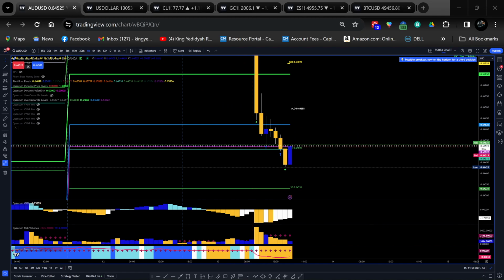So let me point that out. Light blue, Camarilla S5, and the purple line is Camarilla S6, and that light blue line right there is weekly floor pivot S1, which is at 0.64509. So that's where I decided to take profit, right?